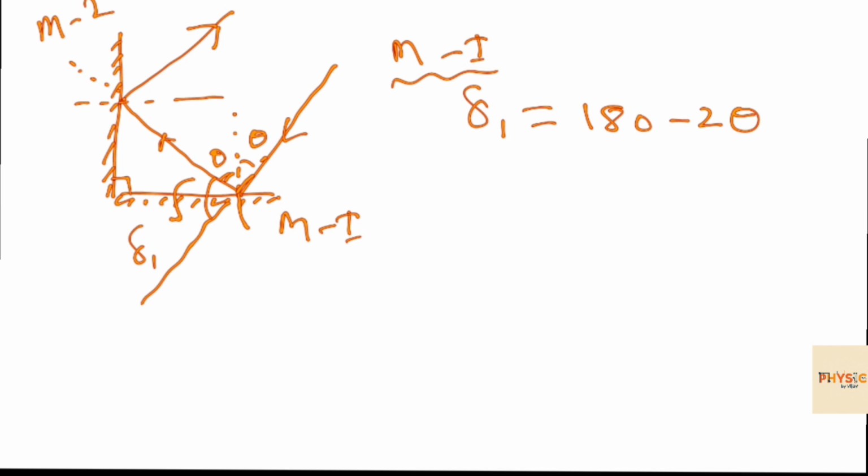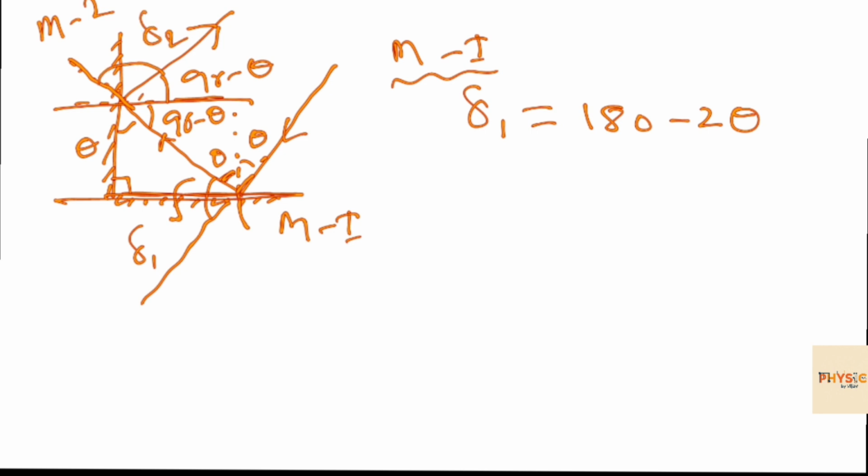This is 90, and the value is 90 minus theta, because this is theta with the plane mirror, and with the normal on the second mirror it is 90 minus theta. So the original path for mirror 2 and the deviated path make the angle delta 2.